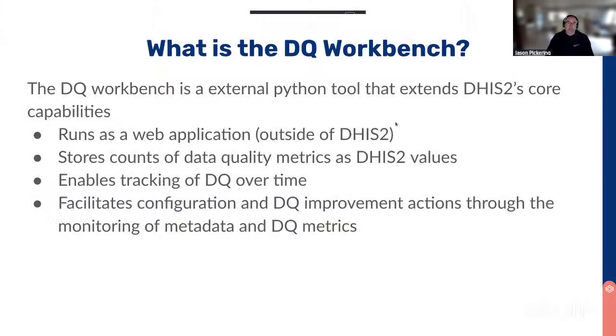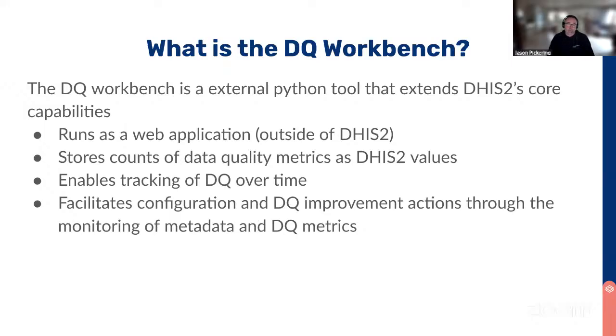So basically the idea with all of this, and there's a couple different metrics that we can calculate with the data quality workbench. One of them, of course, is validation rules. So what the workbench does is that we retrieve all the validation rules, and instead of storing the actual result of the validation rule violation, what we store is a count, a number, basically.